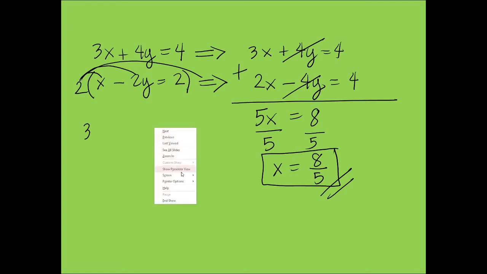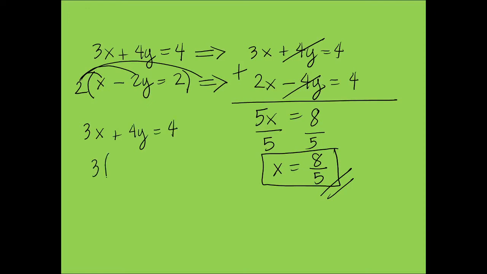So, the value of x is 8 over 5. Let's write down equation 1 first: 3x plus 4y equals 4. So, we have 3 times 8 over 5 plus 4y is equal to 4. So, we just substitute the x we solved into the equation.